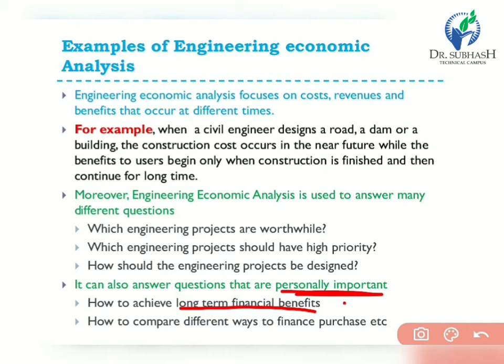For any work, we show how much benefit we get from that project. Another is how to compare different ways to finance purchases. It's mainly focused on different ways to purchase or finance material.